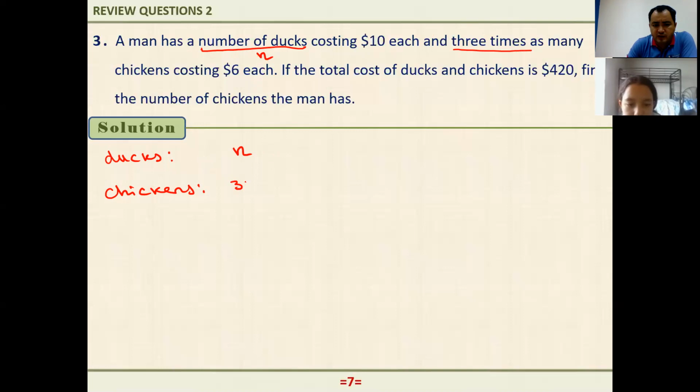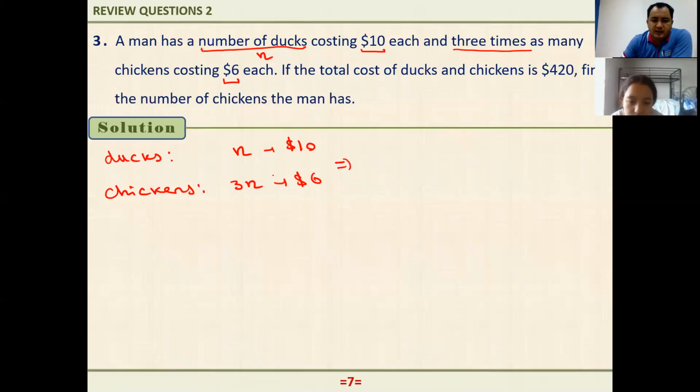So he has 3N chickens. So what is the unit price of ducks? $10, right? One duck is $10 unit price. And how about one chicken? It is $6.